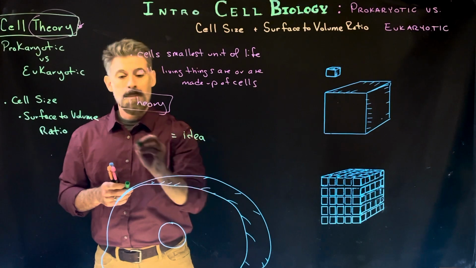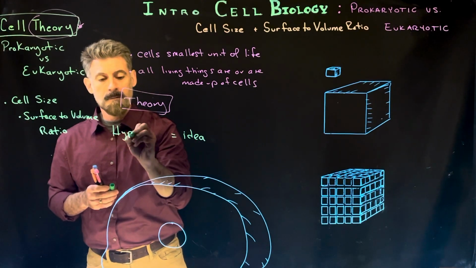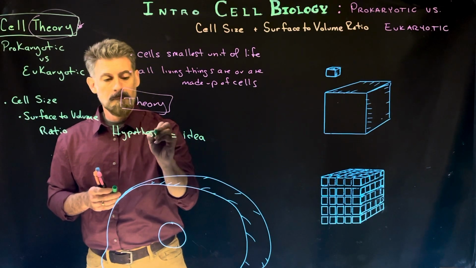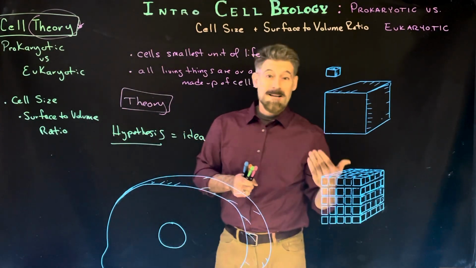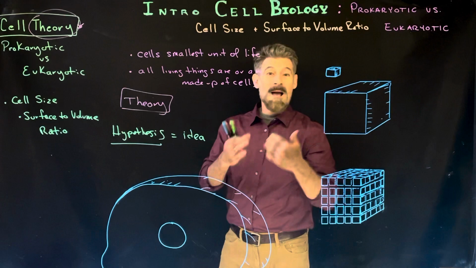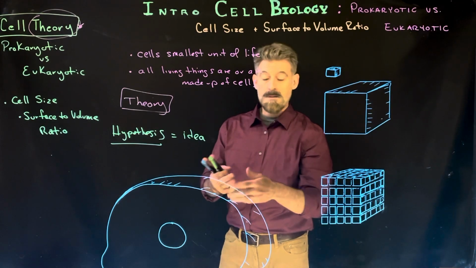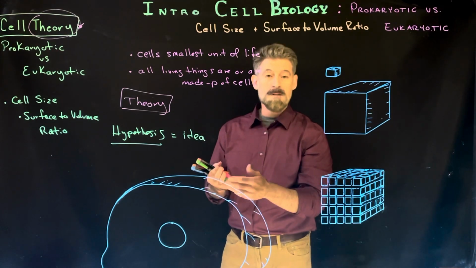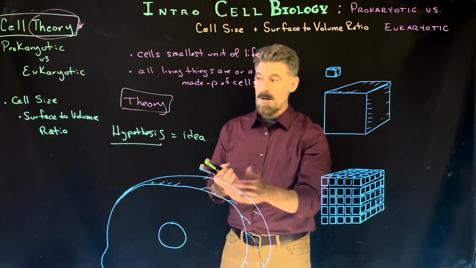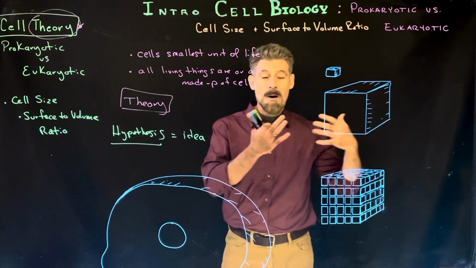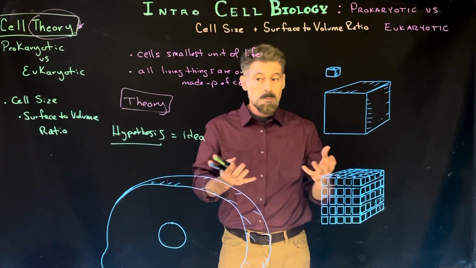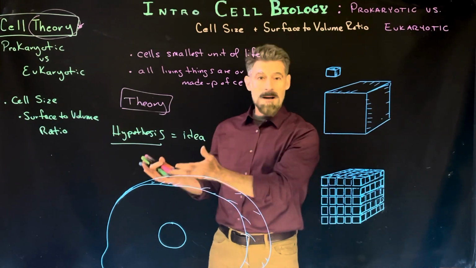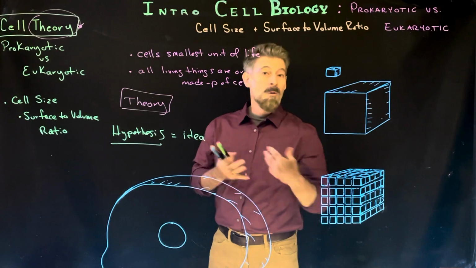An idea is called a hypothesis. So when you say, I have an idea about that, saying, I have a hypothesis is the way of saying it. So it's like, I don't know for sure if this is the reason why this happens, but I'm thinking it is, so that's where I'm going to perform an experiment to figure it out. And we'll see if the information supports my hypothesis or idea or not.